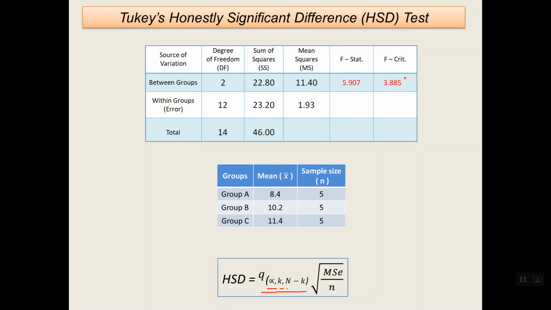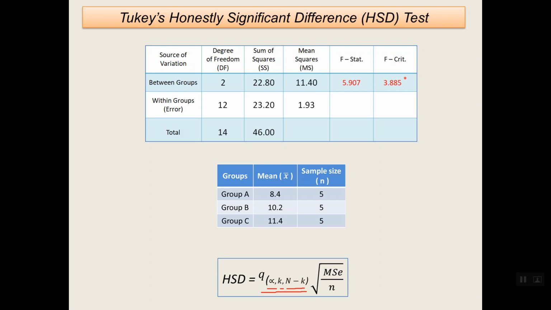The third one is capital N minus K. Capital N means the total sample size for all the three groups, and K, as we said, is the number of groups or the levels of the variable we are discussing.